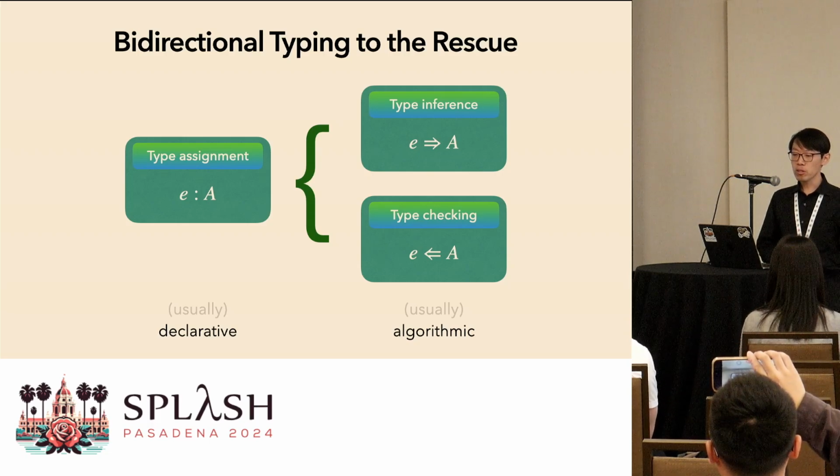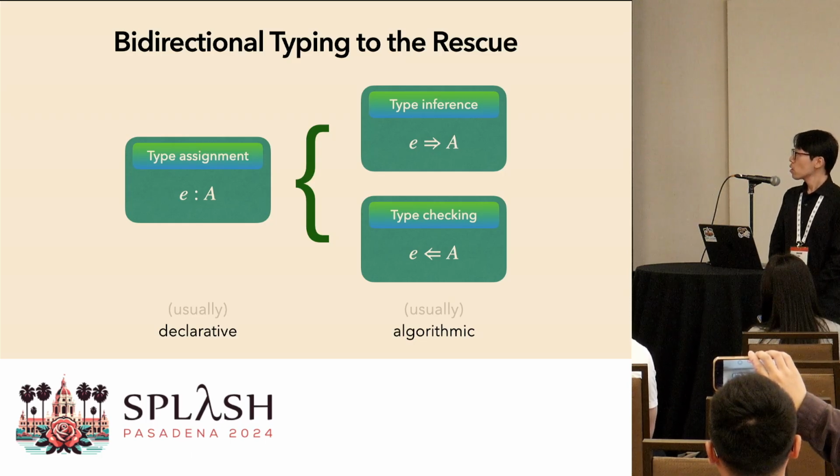Bidirectional typing comes to the rescue. Before, we had the comma in the judgment; it's called a type assignment system.